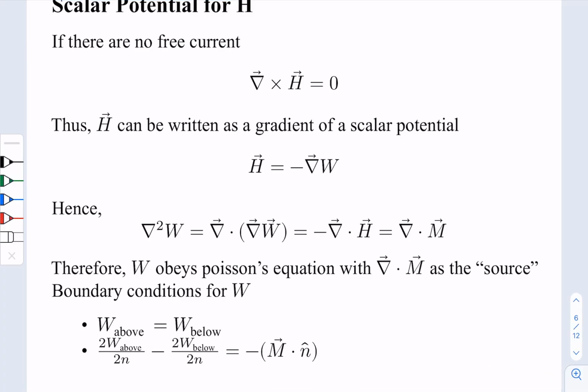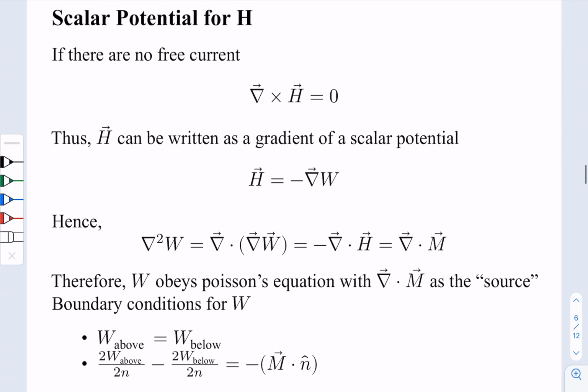Now let's begin the second session. In the last session, we discussed that we can also have a scalar potential for the auxiliary field H, and this H field obeys Poisson's equation, because on the right hand side there is a source term, the del dot M, which is similar to some charge.